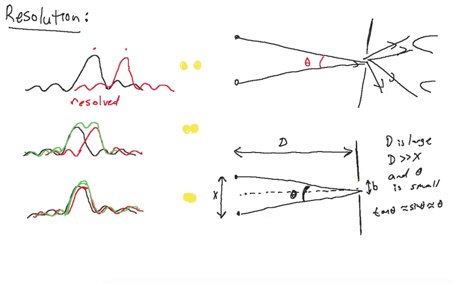I'm going to draw it in here in light blue. We can say this is a triangle here, this nice little right triangle, and this angle is theta over 2.